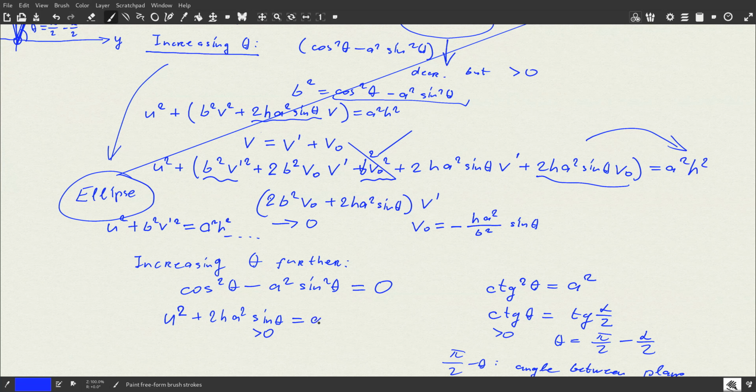So we have u squared plus 2h a squared sine theta v equals a squared h squared. The coefficient at v is positive. We have u squared plus something positive times v equals a positive right hand side. So v can be expressed as a quadratic function of u. What is this? A parabola.